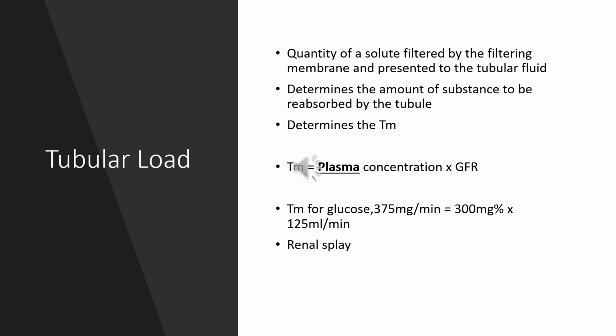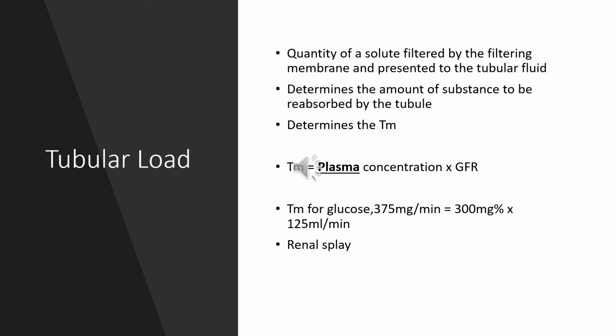That is, beyond this 300 milligram percentage, glucose should appear in urine. But we know that when the glucose concentration in the plasma goes beyond 180 milligram percentage, glucose will usually appear in urine. This difference is called renal splay.